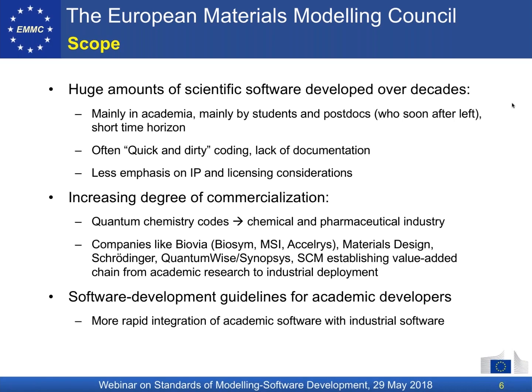In the materials science part, companies like Biovia, Materials Design, Schrödinger, QuantumWise, Synopsys, and SCM have established themselves in the last two decades, maybe a bit more, and they have established a value-added chain from academic research to industrial deployment. But there is still much room for improving this value-added chain and the relationship between the different partners.